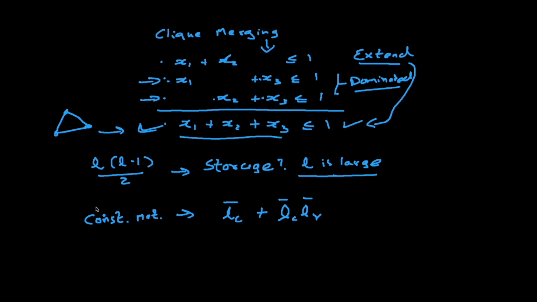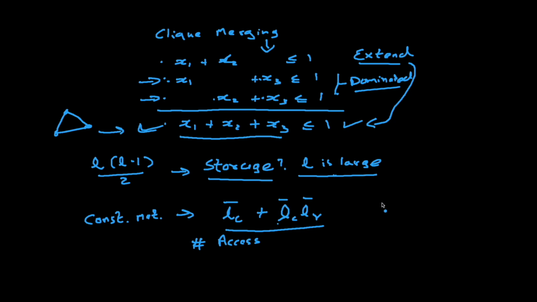Here the problem is not storage. Here the problem is access, rather the number of memory accesses that we perform. It's not that the storage is large, but we are doing a lot of redundant memory accesses that we should not be doing.